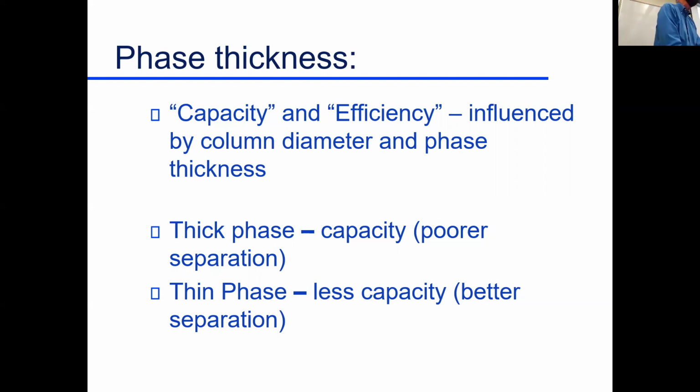Maybe you want to separate 2 compounds, and I want to put enough material on that I can collect it and maybe inject it in something else. Well, then I'd probably go to thick phase because I can put a bigger sample on, and I get more to collect. If I just want to get a peak for measurement, I'm going to use a thin phase because I get my data quicker and more efficiently.